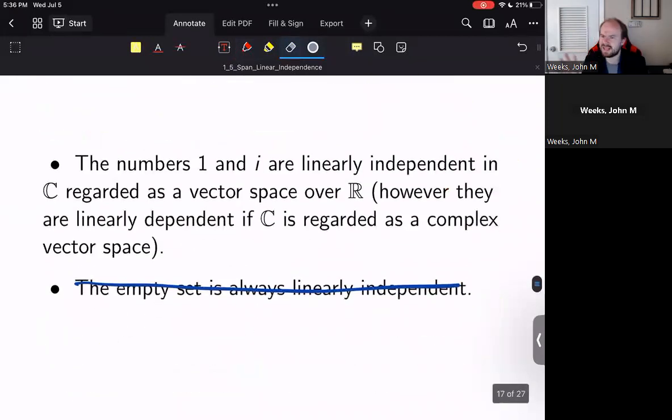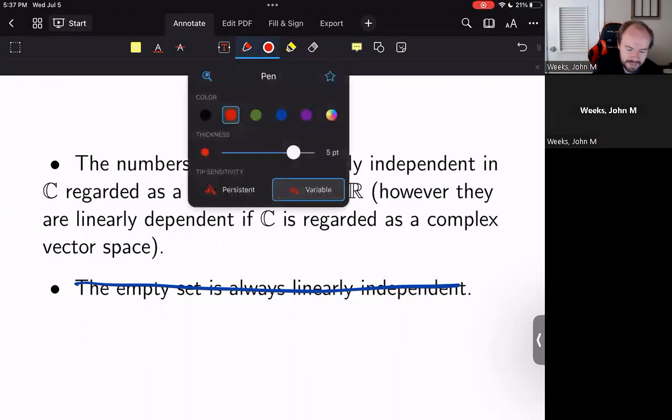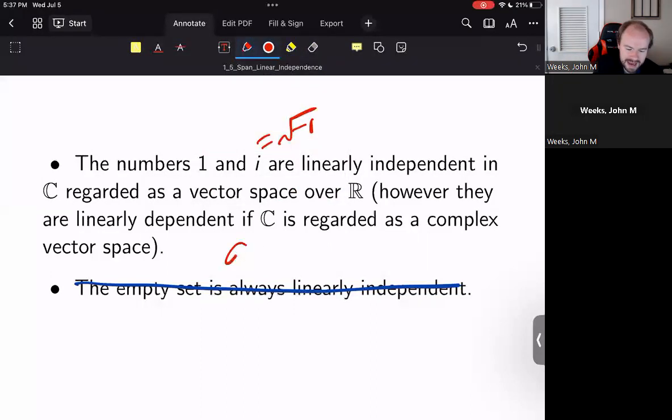Another example here is looking at the real numbers versus the complex numbers. The numbers 1 and i, where again i is the square root of -1, are linearly independent in C, regarded as a vector space over R, right? And this is how we usually think of our vector spaces here. We can think of complex numbers as being of the form a plus bi.